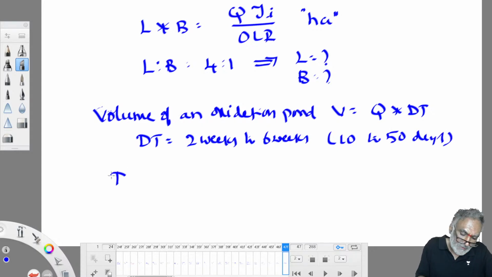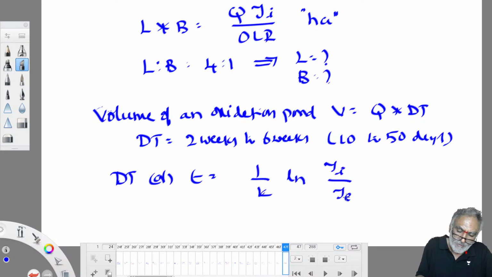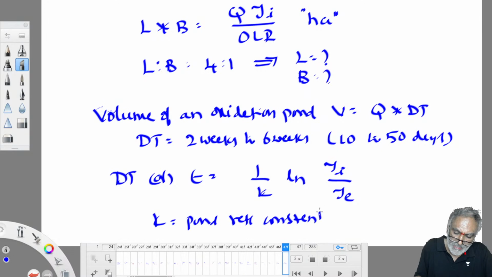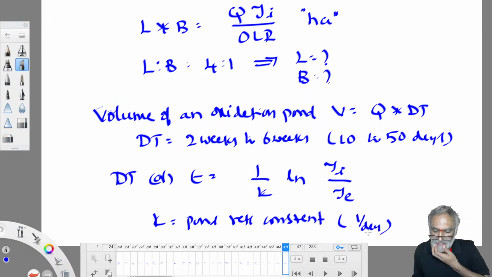Or approximately you can find detention time t is equal to 1 by k into ln Yi by Ye, where k is the pond rate constant in days inverse. So we will get the answer in days straight away.